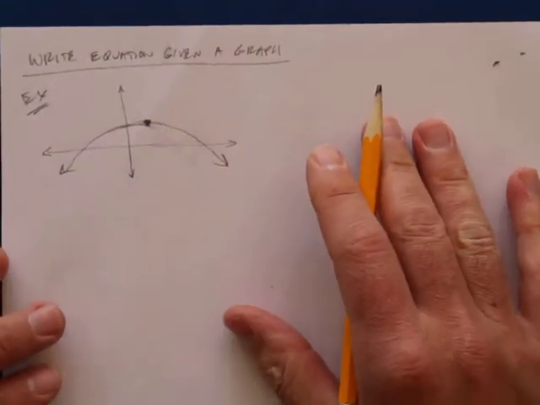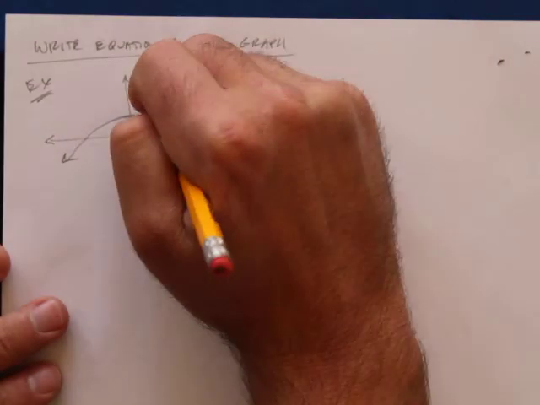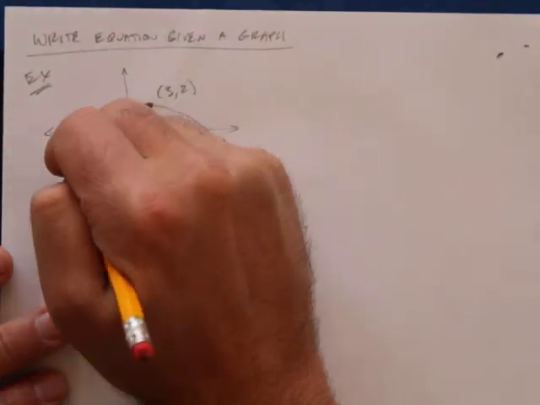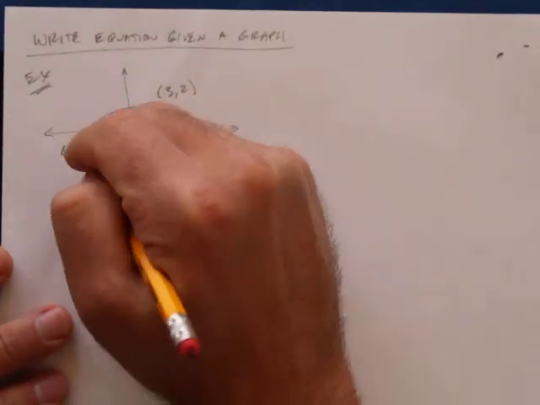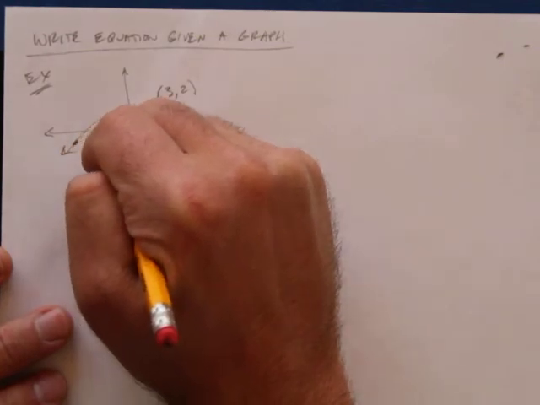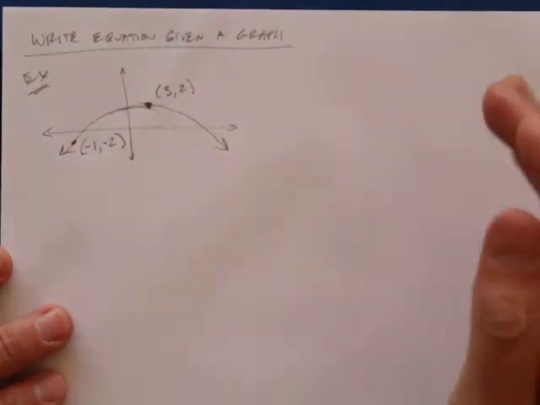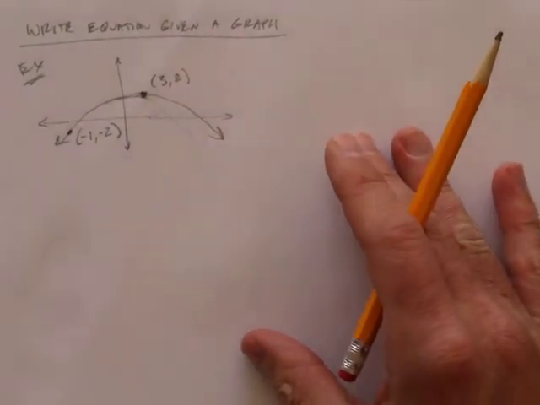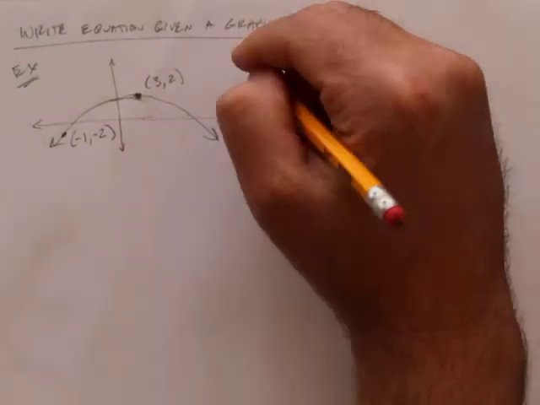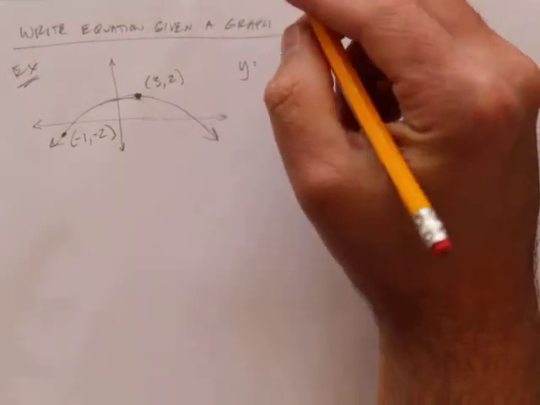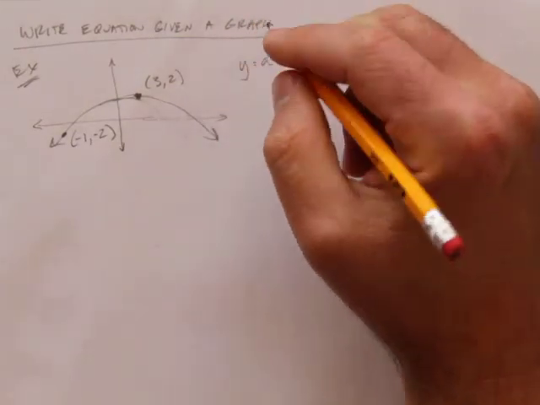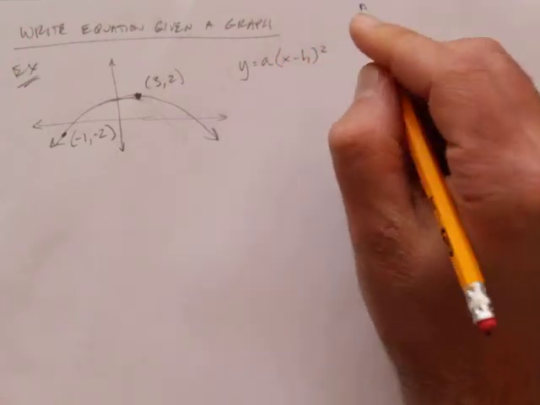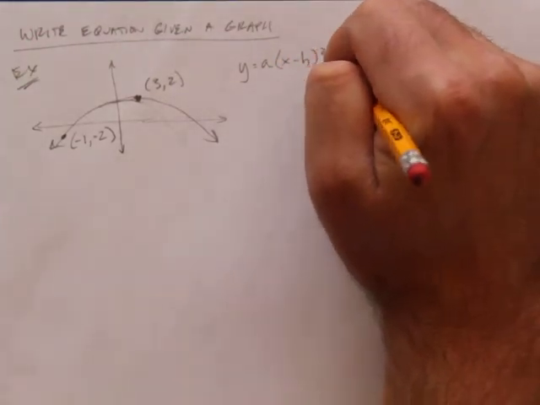Didn't do an awesome job drawing this, but there you go. The vertex is 3, 2. And then we have this random point down here that is -1, -2. Okay, it's not to scale, just pay attention to what the points say. So we are going to start with our vertex form, y equals a times x minus h squared plus k.